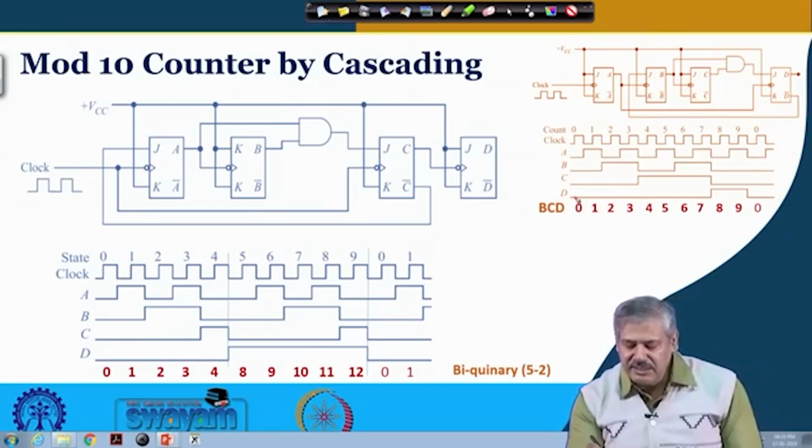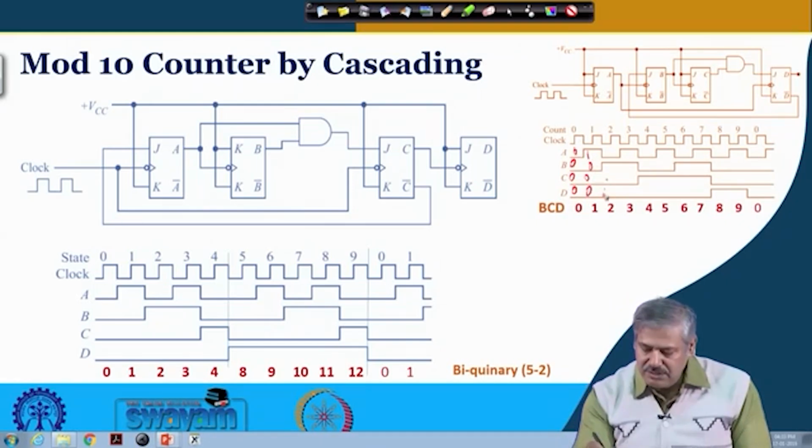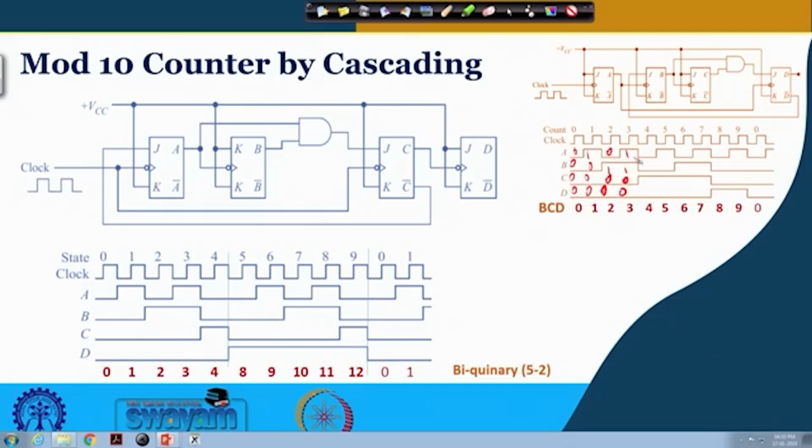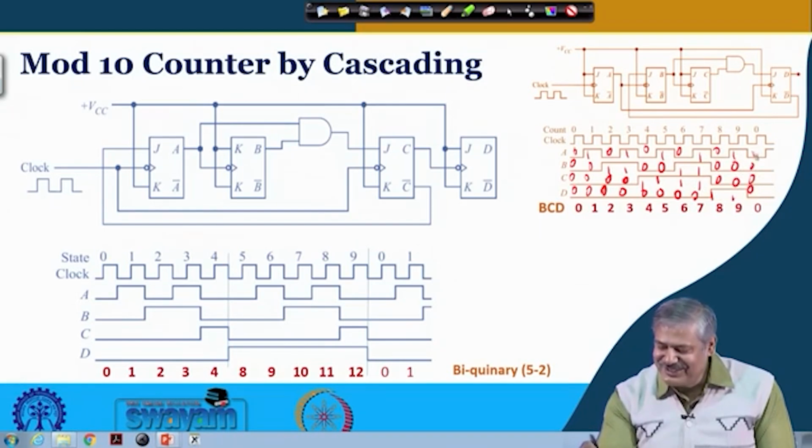Now if you look at the state values: 0 0 0 0, then 0 0 0 1, 0 0 1 0, 0 0 1 1, 0 1 0 0, then 0 1 0 1, 0 1 1 0, 0 1 1 1, then 1 0 0 0, 1 0 0 1, and finally 0 0 0 0.